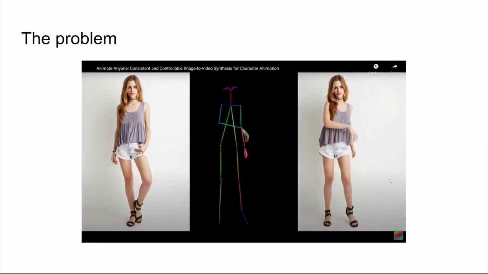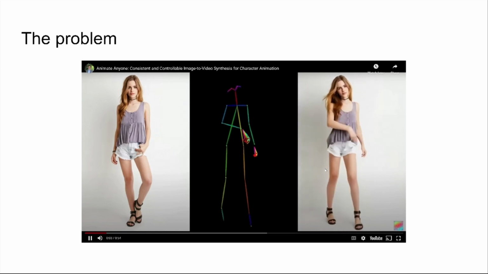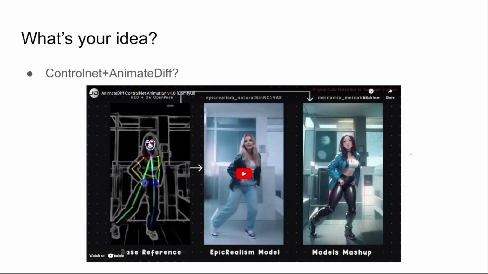Okay, so then we have a feeling of what the problem is, and let's ask ourselves how to solve this. I was thinking about this problem about one year ago, and I saw a few solutions from the community. For example, some artists tried to solve the problem using ControlNet and Animate diff.